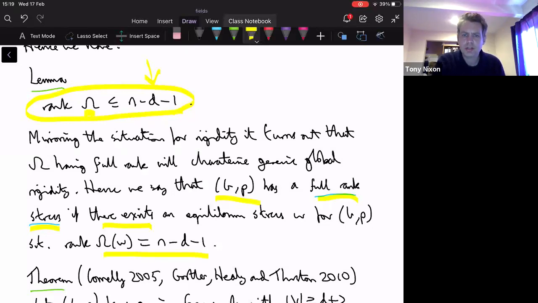So if there exists is crucial, because obviously our co-kernel could be quite large dimensional, so there might be many different equilibrium stresses, and they may all have different ranks, but what you need for the framework to have a full rank stress is for there to exist one stress which achieves the maximal rank.